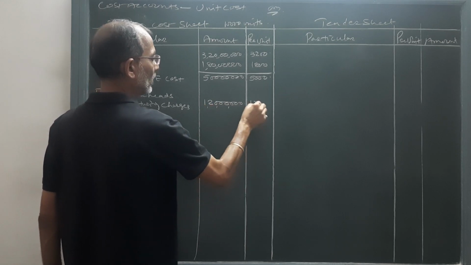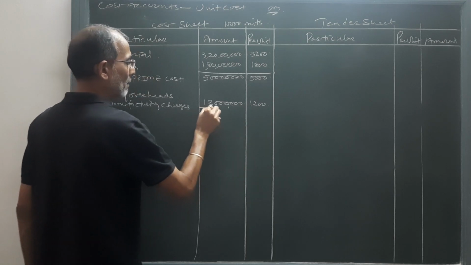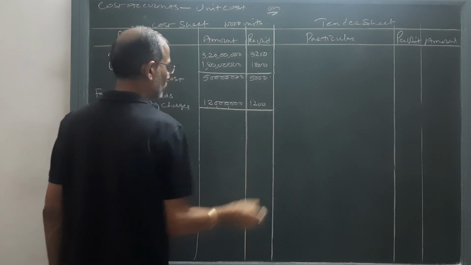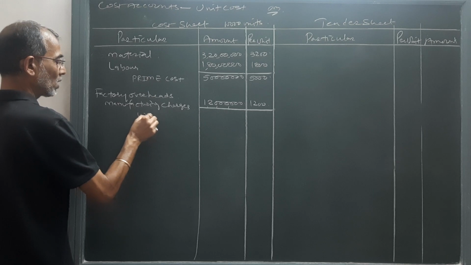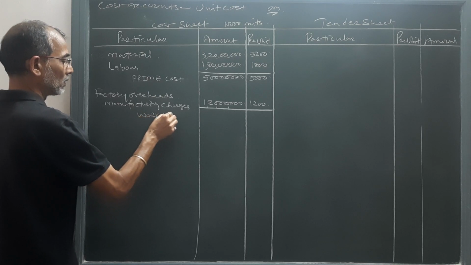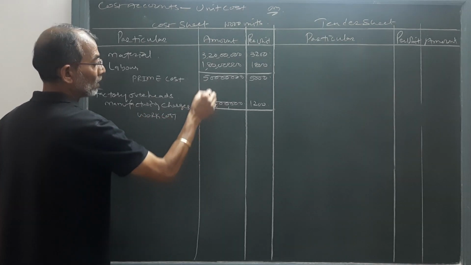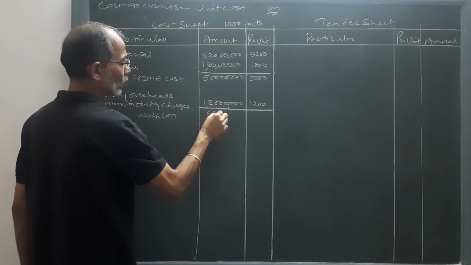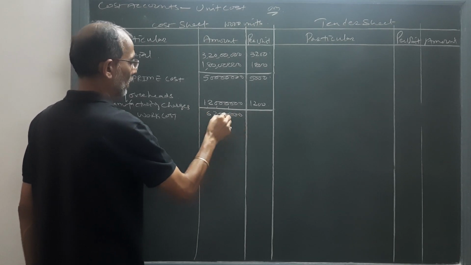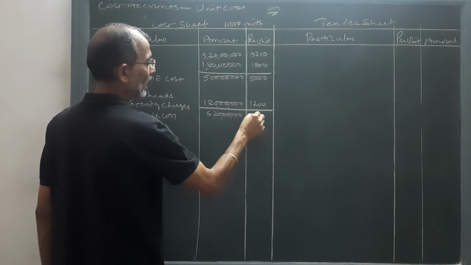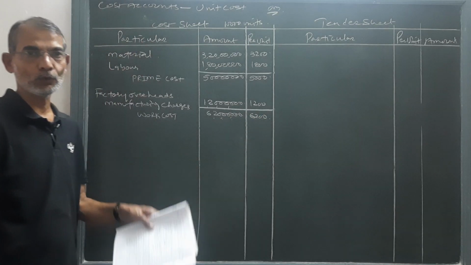So 1200 will be the per unit cost of factory overheads. Work cost is 6 crore 20 lakh, and per unit work cost will be 6200.